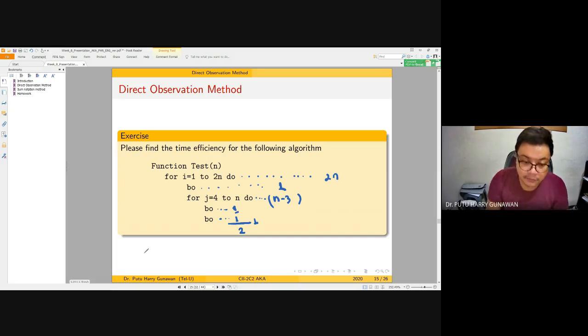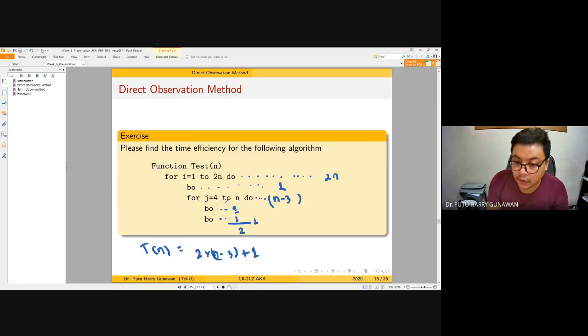Okay, so then finally we have Tn. This is very simple. Since this is 2 and we have a different level with n minus 3, that should be 2 times (n minus 3). Since this one is at the same level with 1, it should be plus 1.